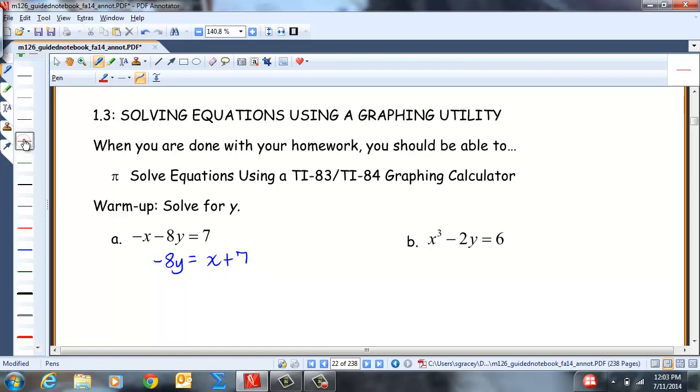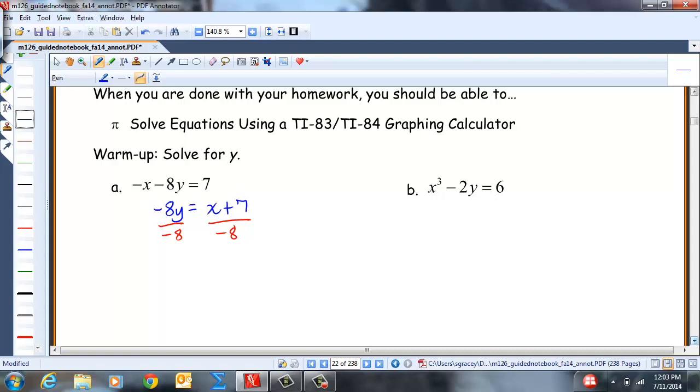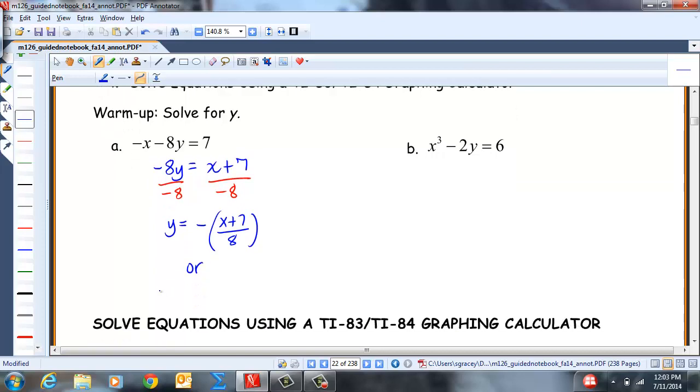And then dividing both sides by negative 8, you could either write this equation as y equals negative quantity x plus 7 all over 8, or if you wanted to distribute through both the negative and the 8, you would have negative x divided by 8 minus 7/8. Either format will work well using the graphing calculator.